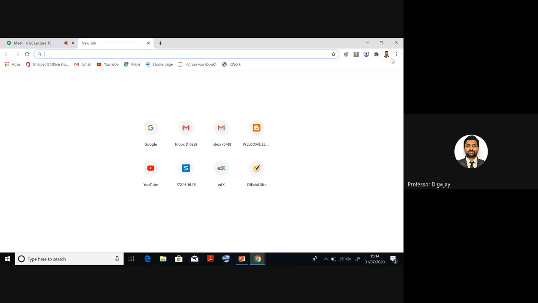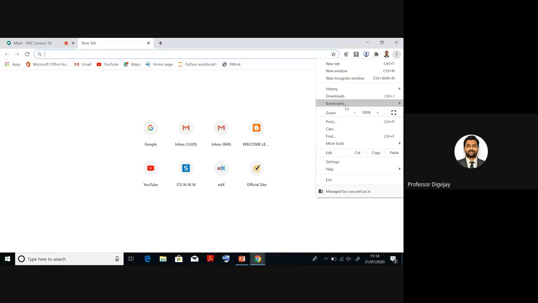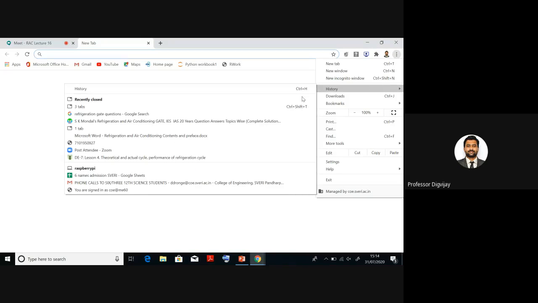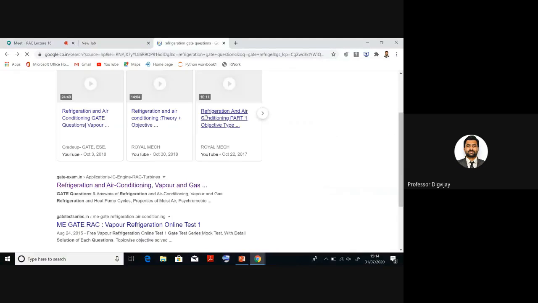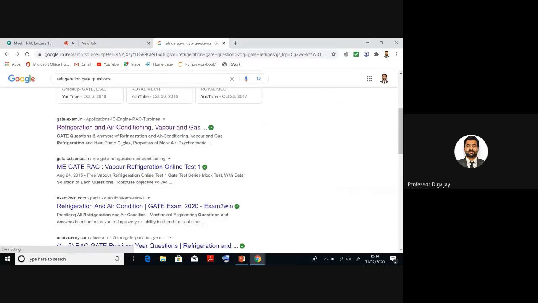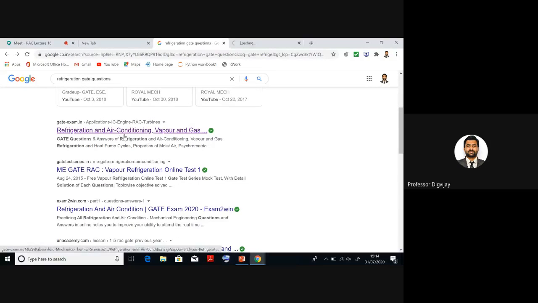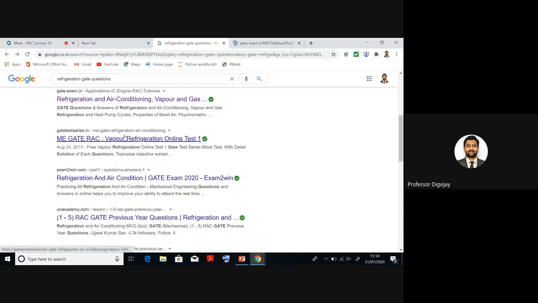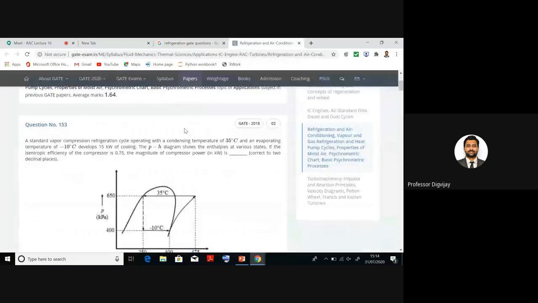I think it has gone somewhere. Oh, okay. So I have Googled refrigeration rack related examples.